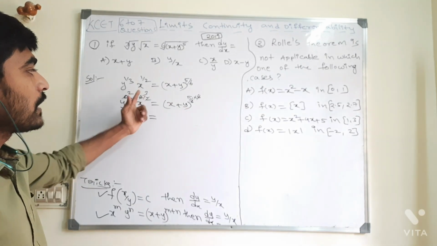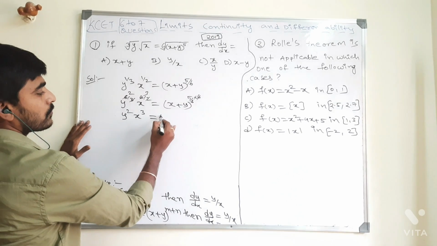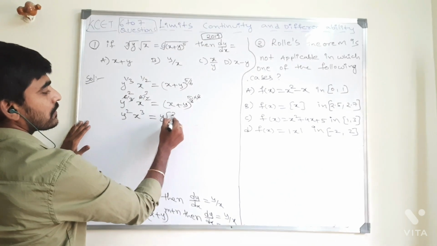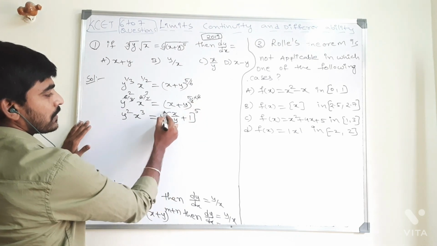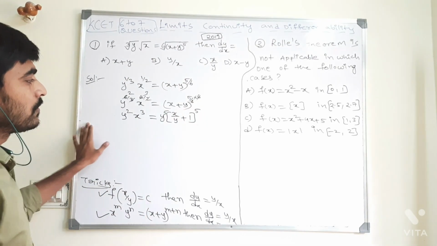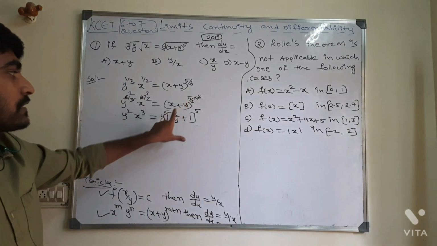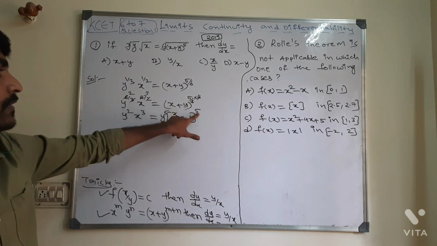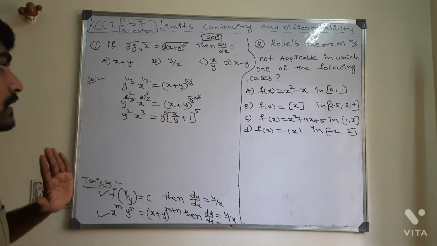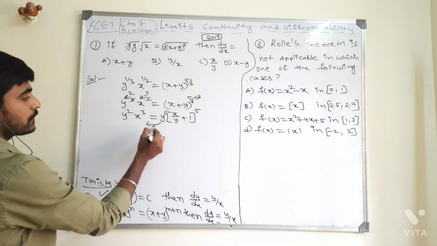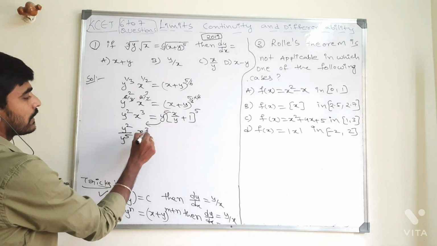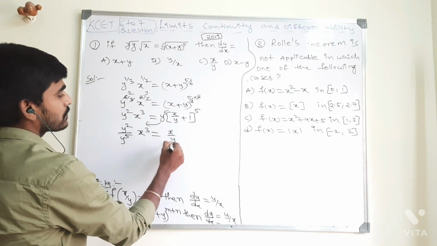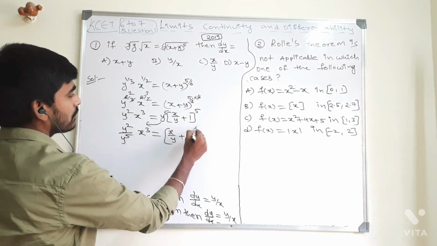In that I would like to take y common outside. If you bring y out, the remaining is x by y plus 1, with power 5. So here also I need to write power 5. So y power 5 we have taken out. If you bring this y power 5 to this side, y square by y power 5 into x cube is equal to x by y plus 1 whole power 5.